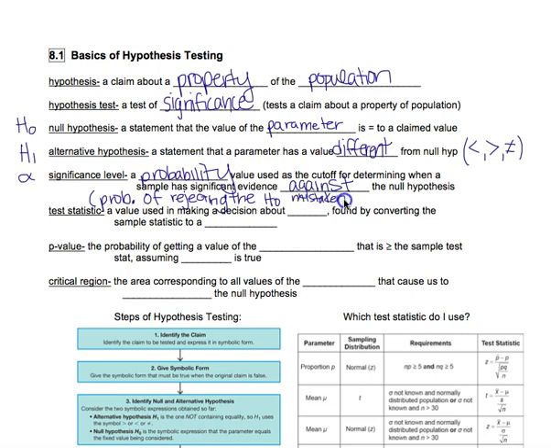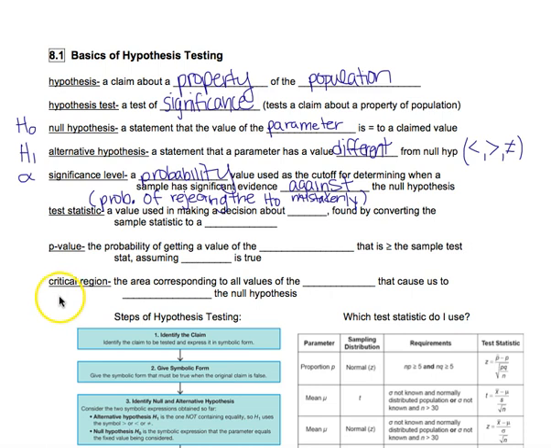Meaning that if our null hypothesis is that the mean of the population equals 60, our significance level, our alpha, is the probability of us saying, no, the mean of the population couldn't be 60, and that being a mistake. So that's what our alpha represents: the probability of us saying, no, that's not right, but us doing that incorrectly.